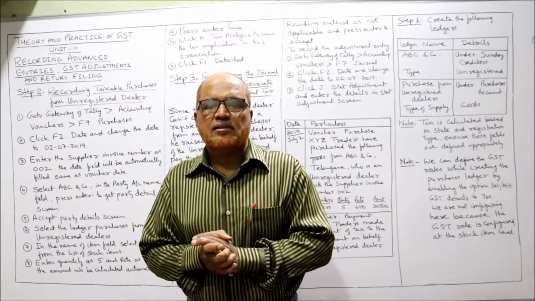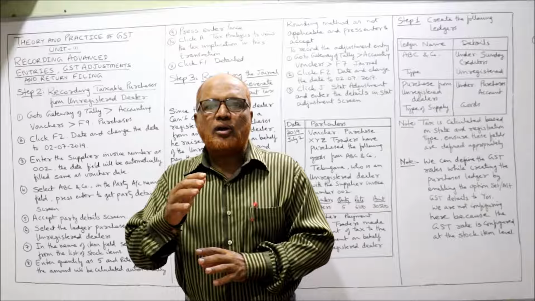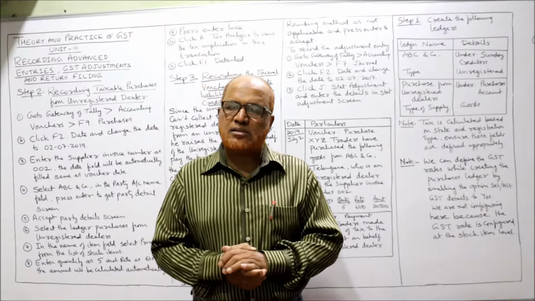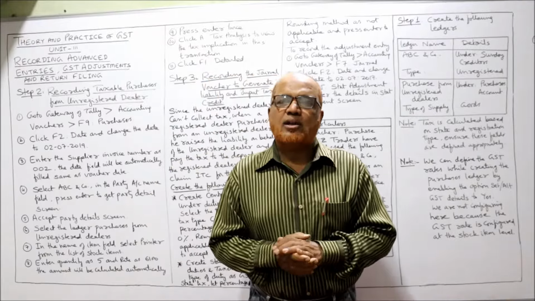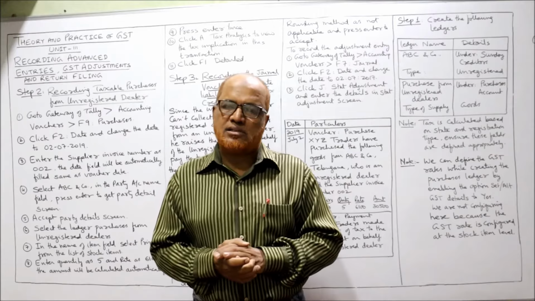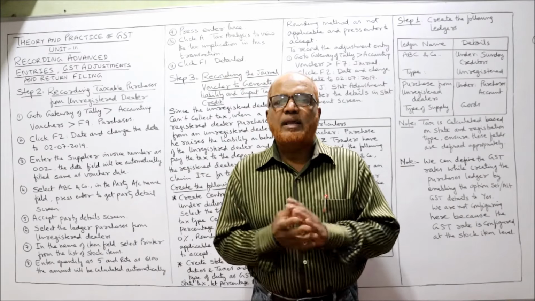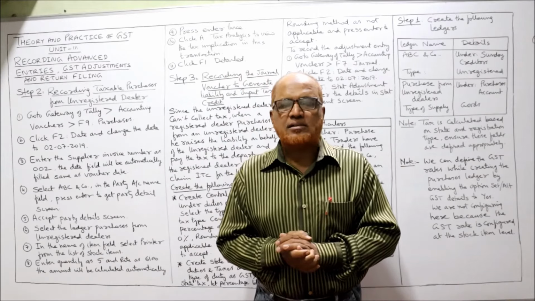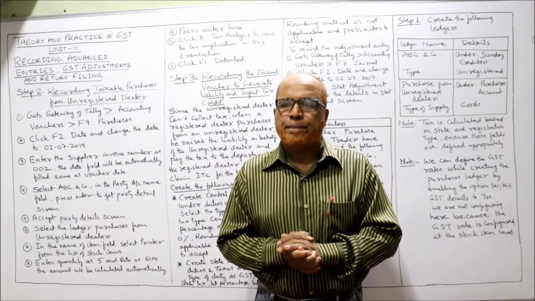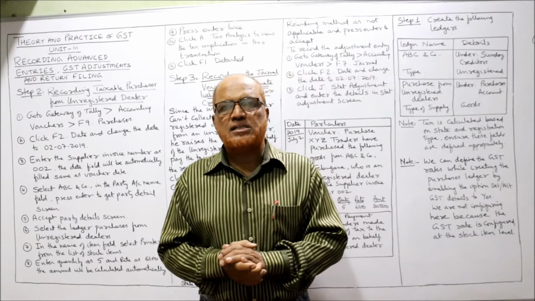In that case, the unregistered dealer cannot issue tax invoices. Unregistered dealers cannot charge GST, and they cannot get the benefit of input tax credit, ITC. So these are the problems with unregistered dealers.